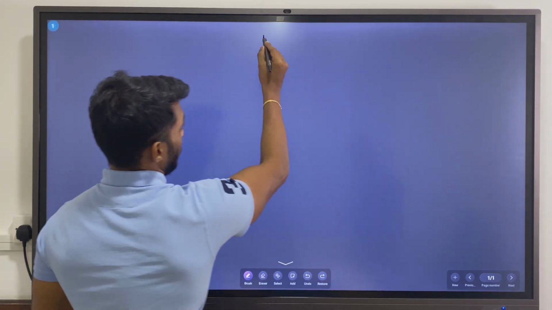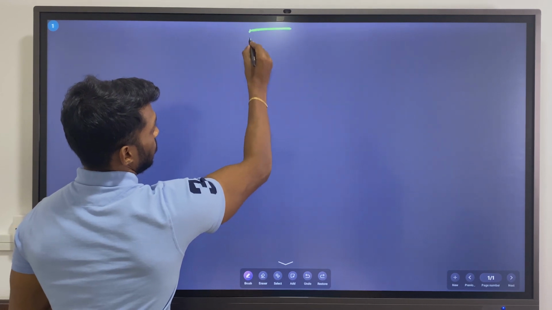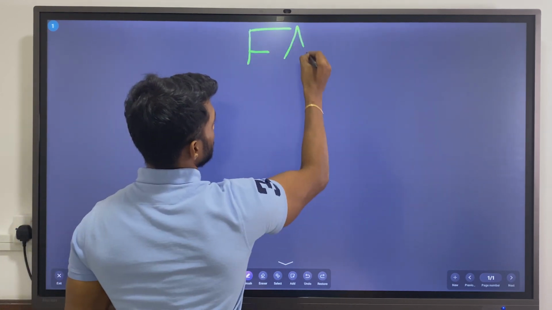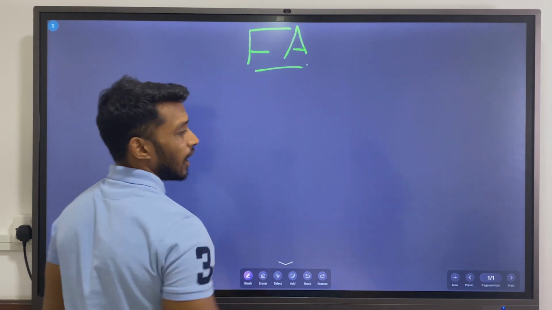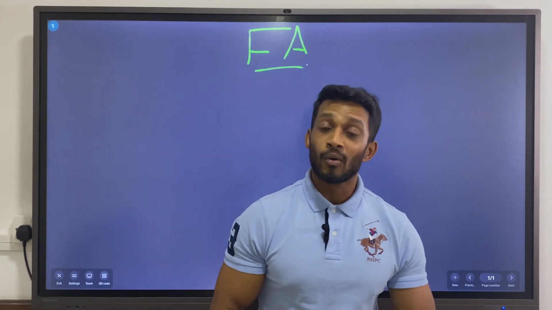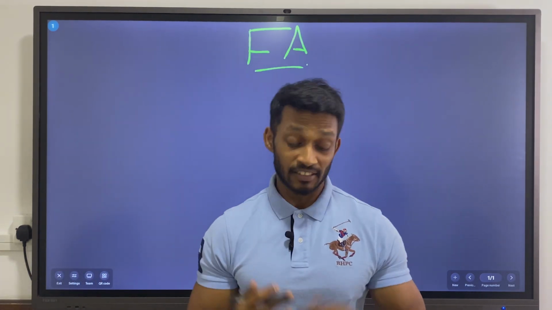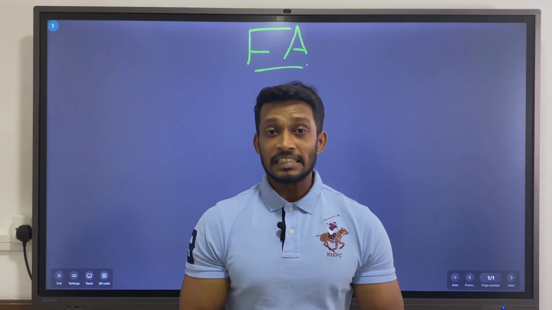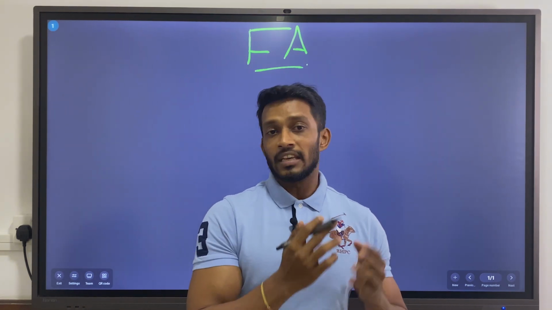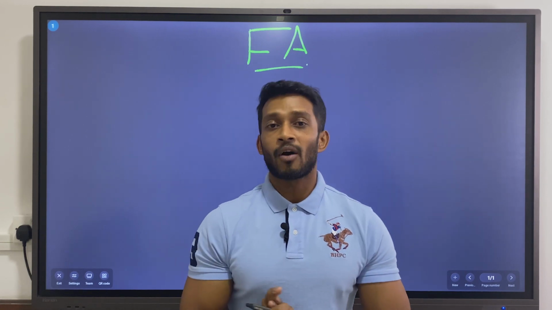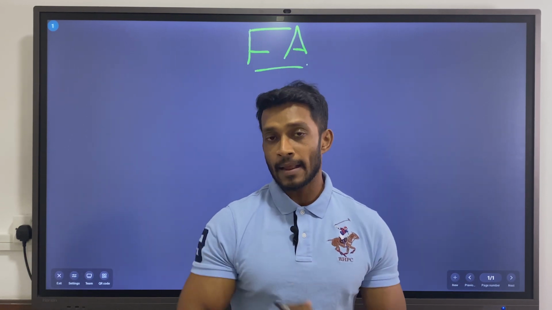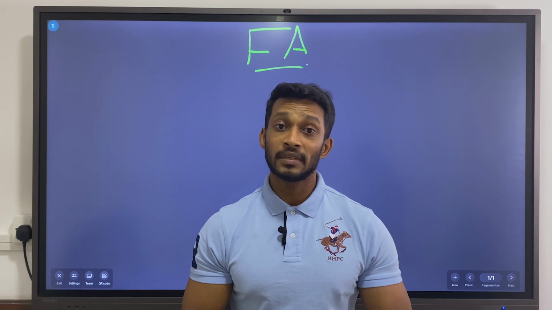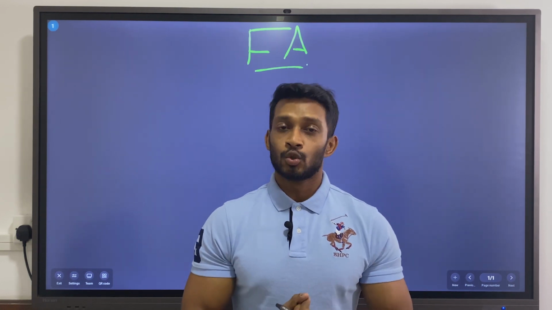Let me give you a small idea about the fixed asset. When we talk about fixed assets, I know you will have some idea of what a fixed asset is. Simply said, a fixed asset is an asset which we are planning to use in our premises for more than 12 months, which means not less than 12 months.